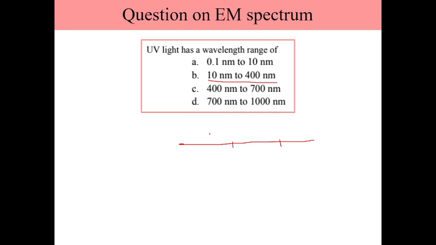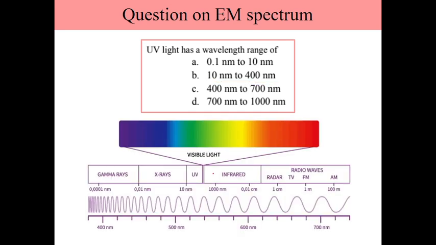So let us look at the answer. Yes, so if you look at this answer, UV has wavelength which is 10 nanometers to 400 nanometers, because this is 400 and this is 700 nanometer.